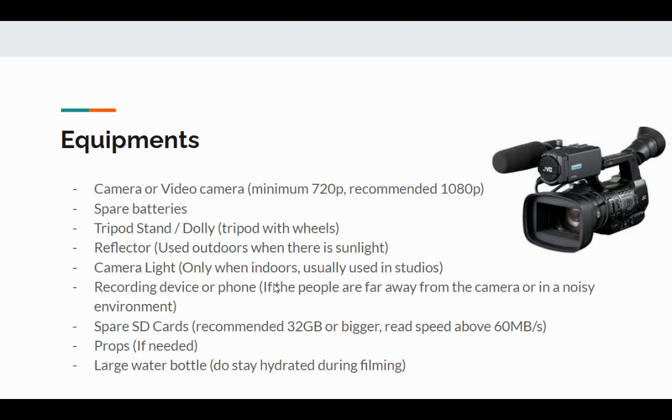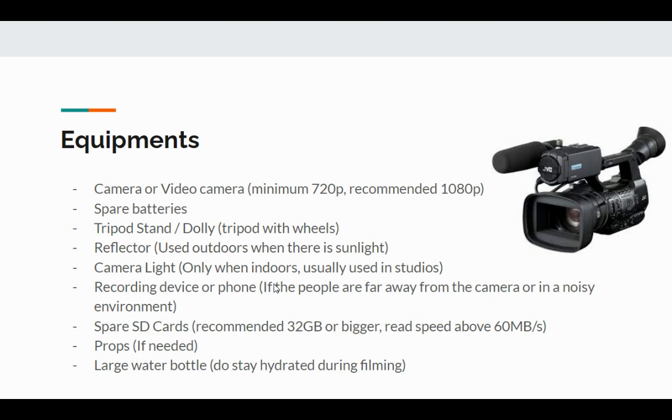So spare batteries. If you are on a DSLR video camera, you should be able to see the battery remaining time. So please estimate and make sure you have at least 30 minutes of excess battery in case anything goes wrong. You still can have time to refilm another take. But it's always wiser to bring a spare battery around in case it runs out and you don't need to go back to grab it again.